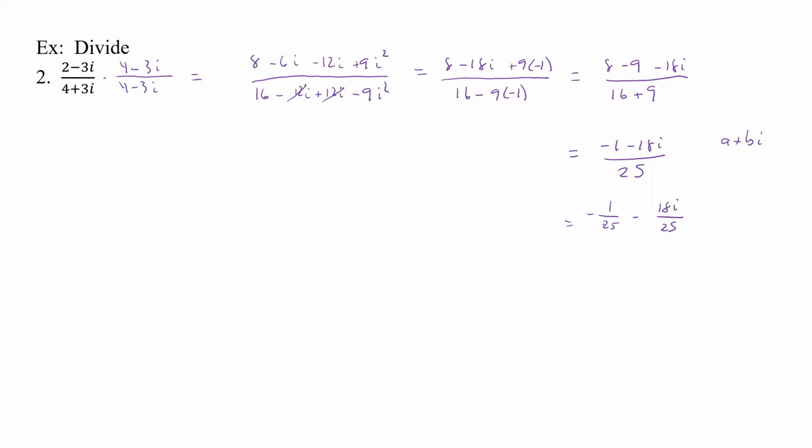And then at this point, we have our a, we have our b, and then we have our i. And so this is our final form. And so that is this complex number divided by this complex number into the final complex number form. Okay, any questions on that?